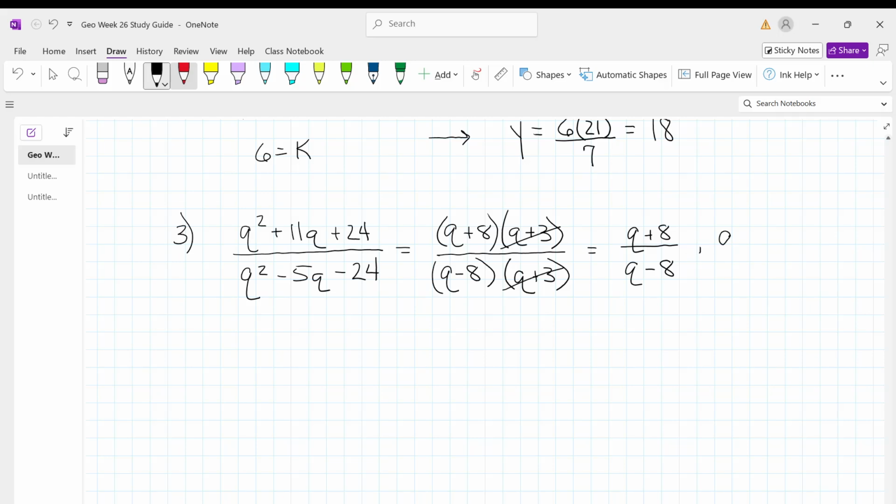And our restrictions are that q cannot be equal to, right here, it can't be equal to positive 8. That would create a 0. And right here, it can't be equal to negative 3. So there's your simplest form with your restrictions.